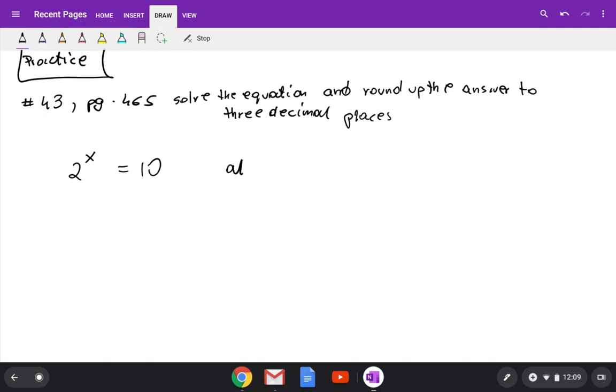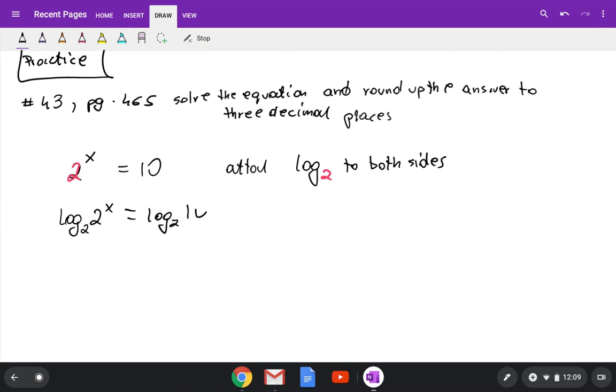So we're going to attach log of base 2 to both sides because the base of the exponent is 2. So log of base 2 of 2 to the power of x, it's equal log base 2 of 10.